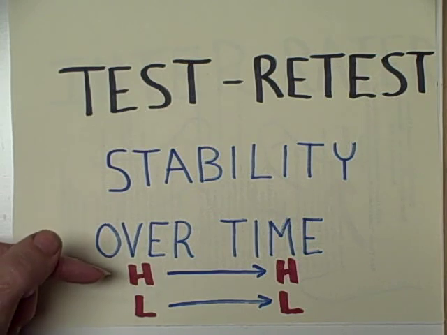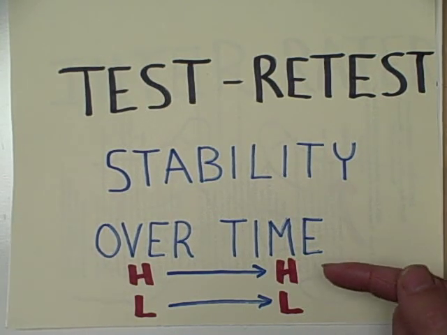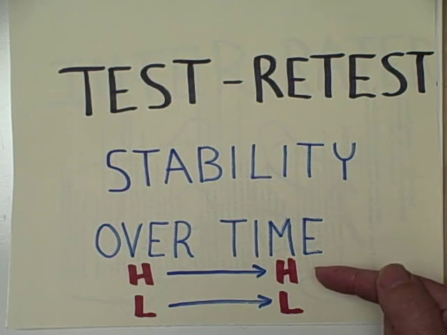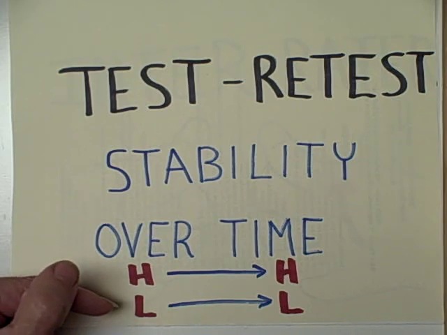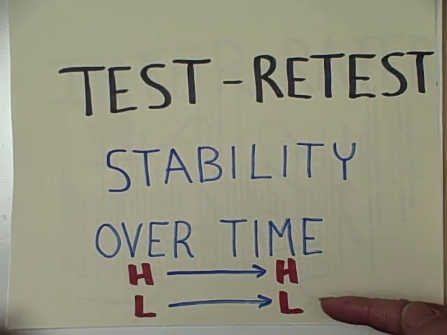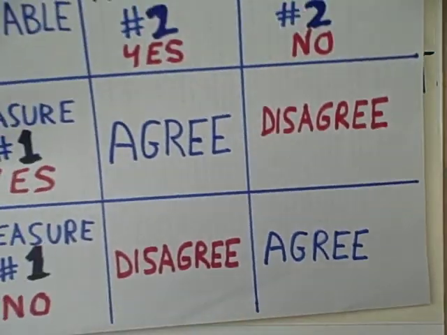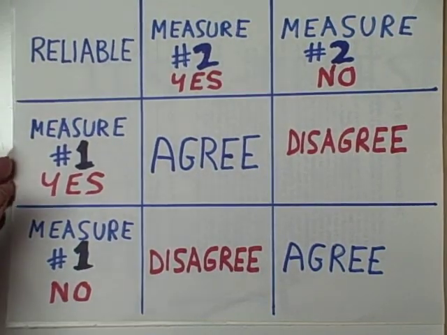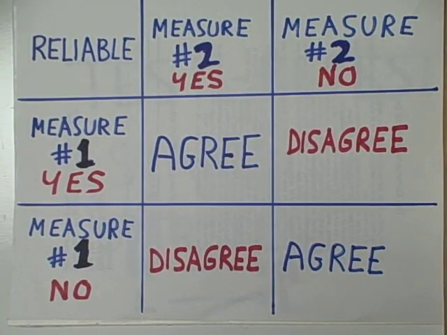Are the same people who score high on the test the first time we give it going to be the ones who score high on the test the next time we give it? And are the same people who scored low on the test the first time we gave it going to be the same people who scored low on the test the second time we gave it? If so, we have test-retest reliability, stability over time.